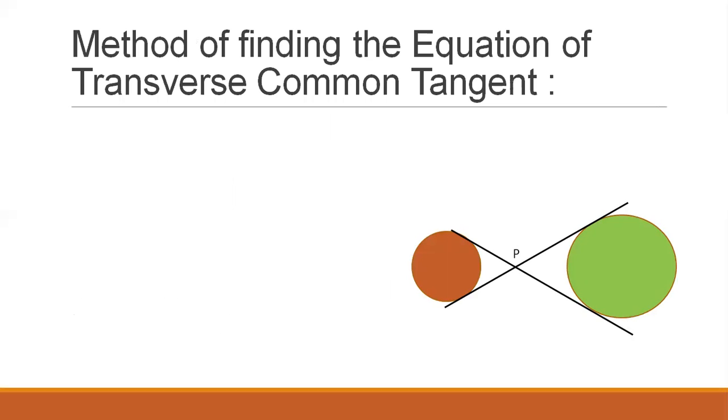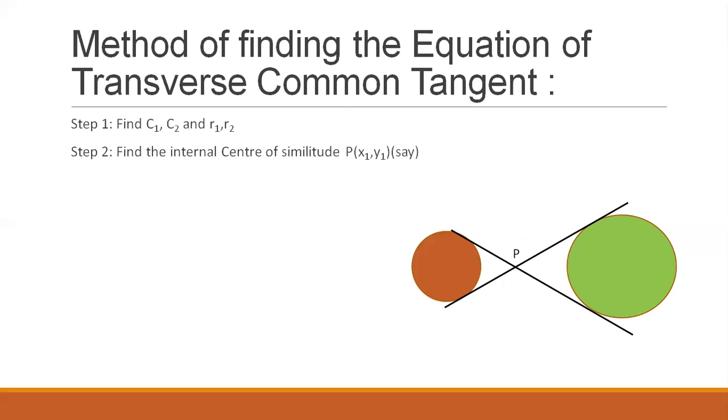Method of finding the equation of the transverse common tangent. Dear children, if you observe the two circles in the diagram, the transverse common tangents intersect at a point P. So, the transverse common tangents are the tangents passing through P. Let C1 and C2 and R1 and R2 be the centers and radii of the given circles respectively.